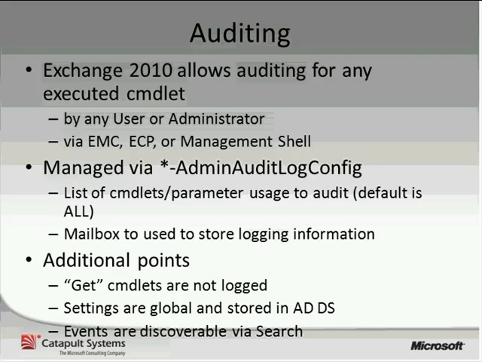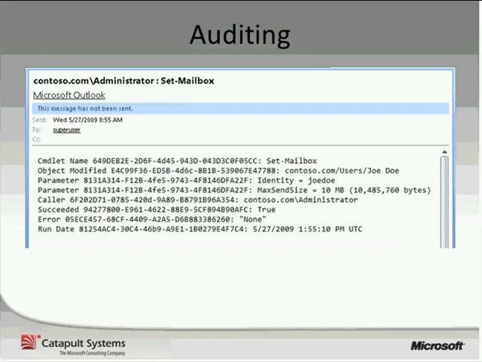The events are discoverable using the normal search tools that you use to search through your inbox or to search Exchange. Just to give you an example of what the auditing returns: this is an example of someone doing a Set-Mailbox command for Joe Doe, setting his max send size to 10 meg.